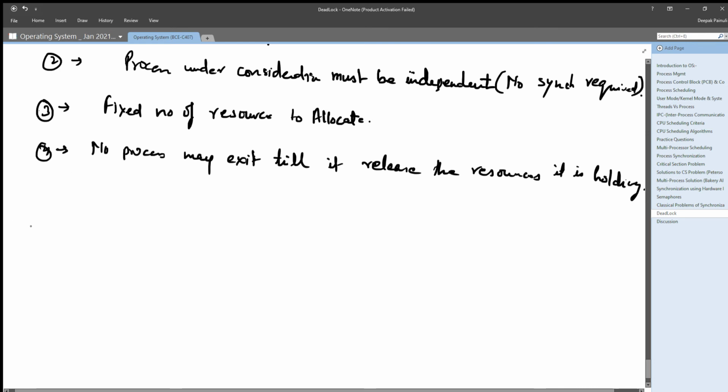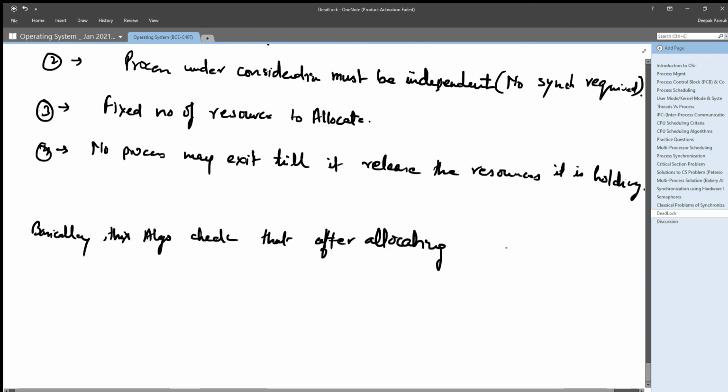It is simply, basically, this avoidance algorithm will check that after allocating resources, will the system be in a safe state or not.